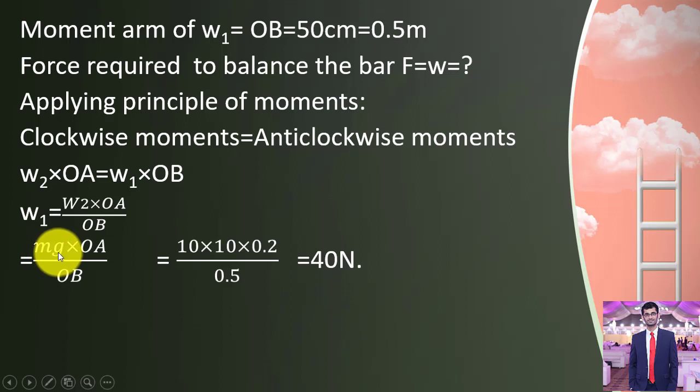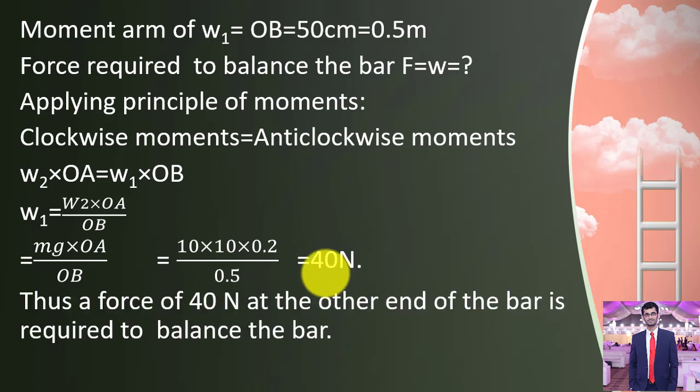So putting the values in this equation, we get 10 multiplied by 10 multiplied by 0.2, that is the value of OA, divided by 0.5, that is the value of OB. We are left with the answer, that is 40 Newton. Thus, a force of 40 Newton at the other end of the bar is required to balance the bar.